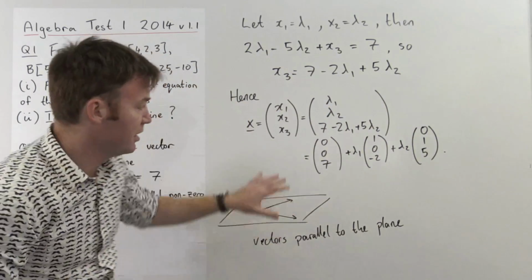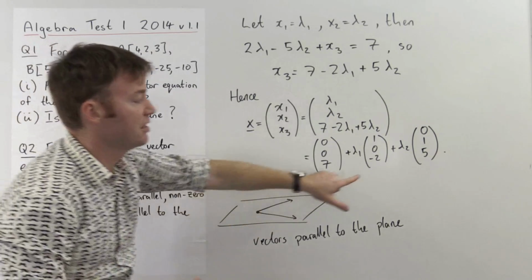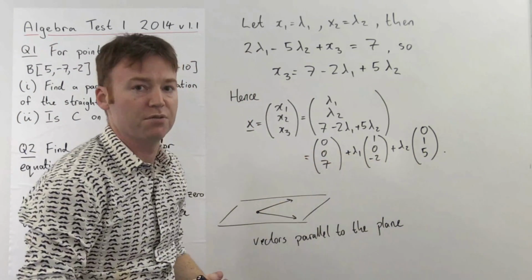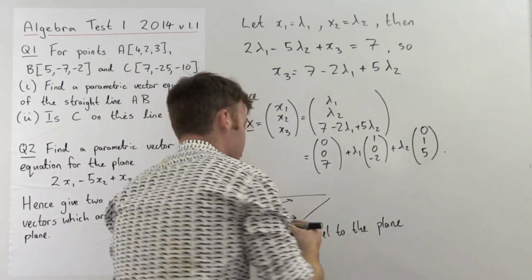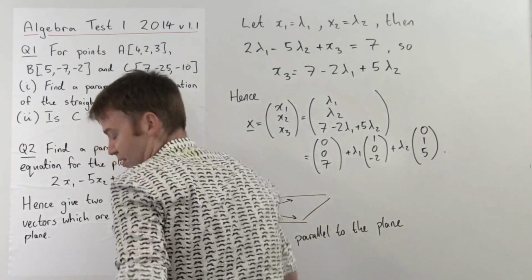So that's the kind of informal description of it. The vectors which are parallel to the plane are technically the ones that are in the span of these two things. Anything in the span of those two vectors is said to be parallel to the plane. Maybe I need more space for this.